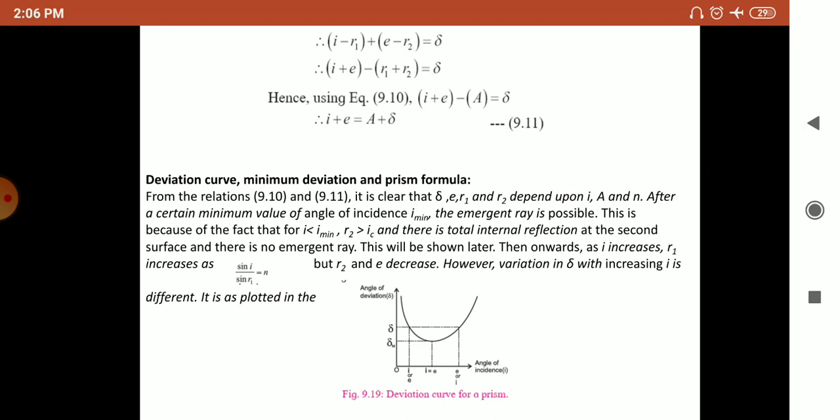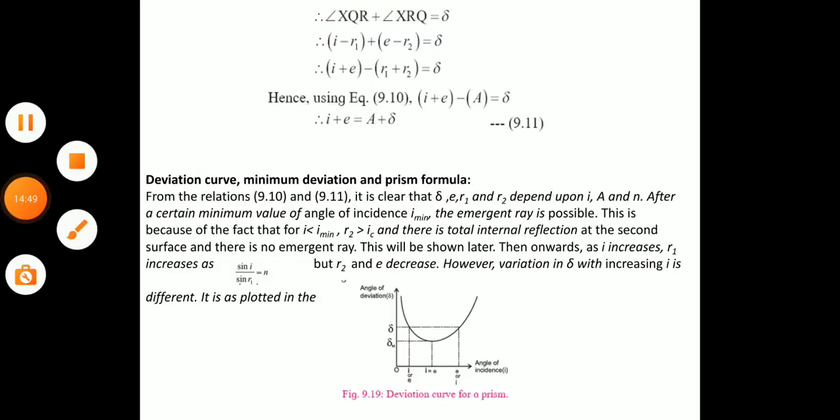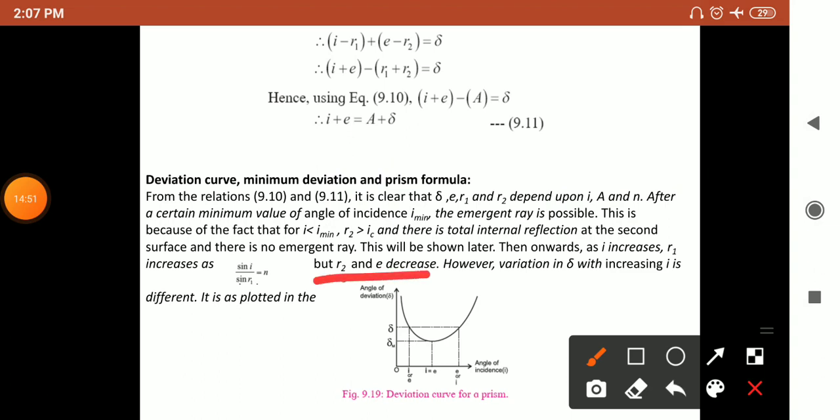For R1 increases, R2 decreases and E decreases. So this variation in delta with increasing incident angle is different. So that we have plotted in this one diagram, that is in the graph.